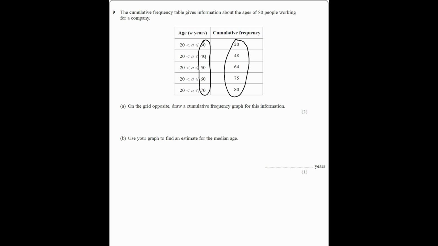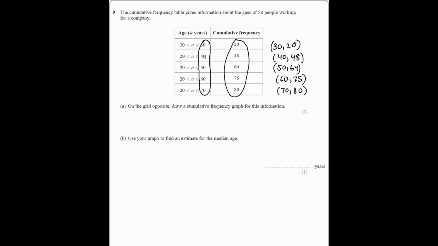So the coordinates will look like this: (30, 20), (40, 48), (50, 64), (60, 75), and (70, 80).